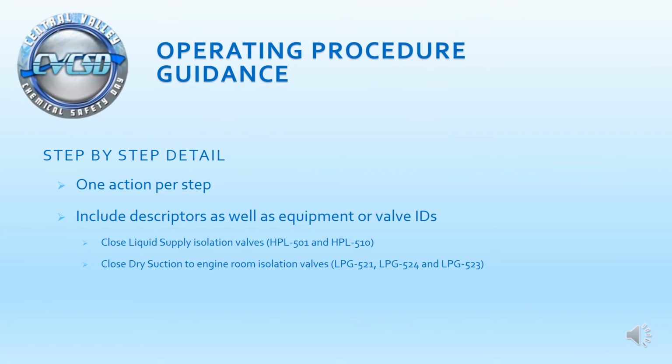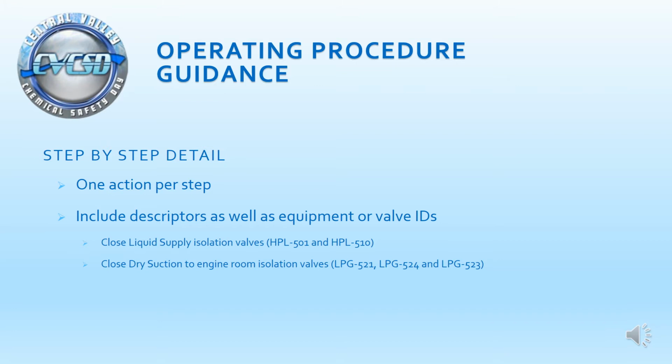So operating procedures should include step-by-step detail, and this should be one action per step, ideally. And when you're including descriptions in those texts, including valve IDs or equipment IDs are useful as well.